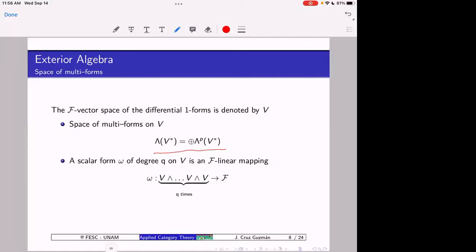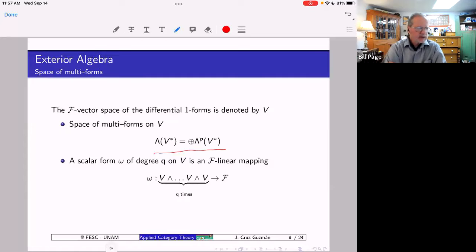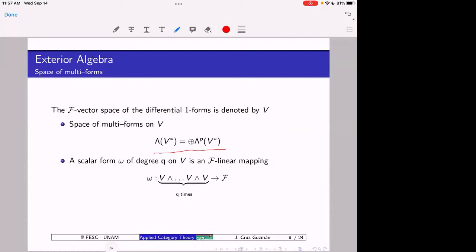No, because here we are speaking about multiforms, then here we are speaking about covectors, not vectors. Perhaps you'd like to write space of multiforms on V star. Yes, on V star. Yeah, and also the next line.